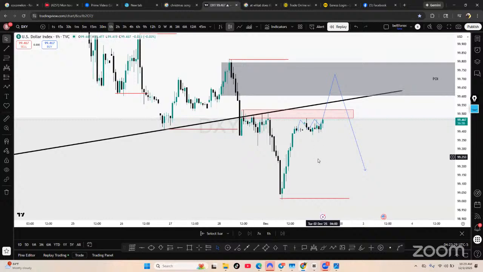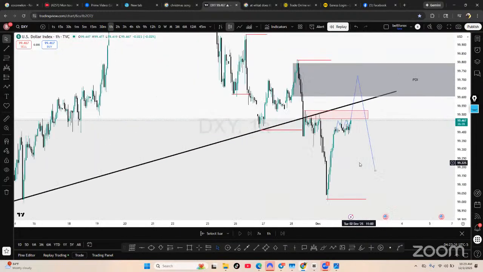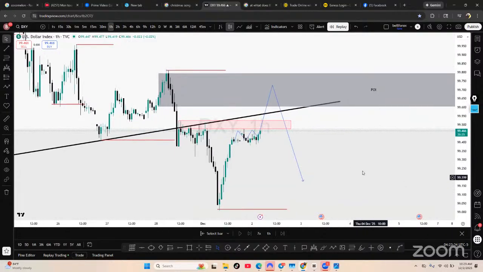So this is what we are planning as far as the DXY is concerned.